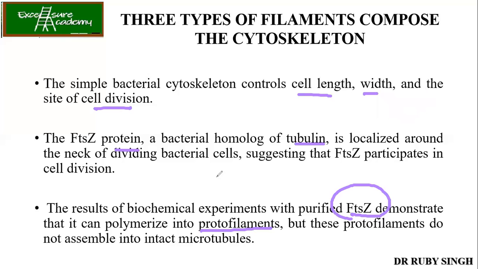Remember, in the case of microtubules, alpha and beta tubulin form together and make one protofilament. Many come together to form the microtubules, a hollow kind of structure. Whereas in the case of FtsZ, it is only protofilaments. The other protofilaments do not come together to form microtubules.